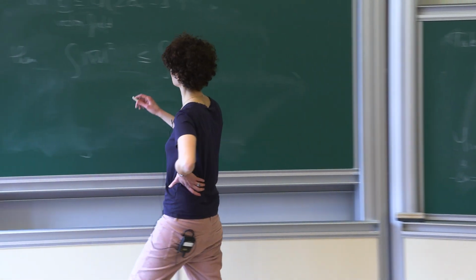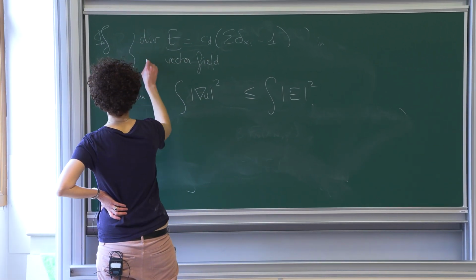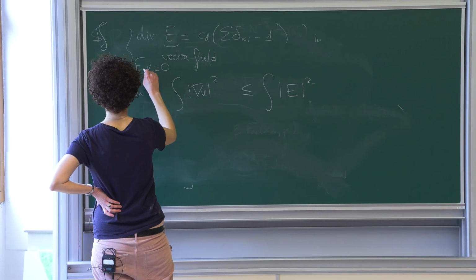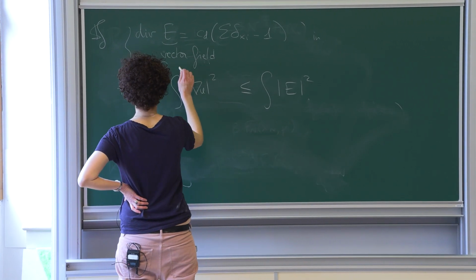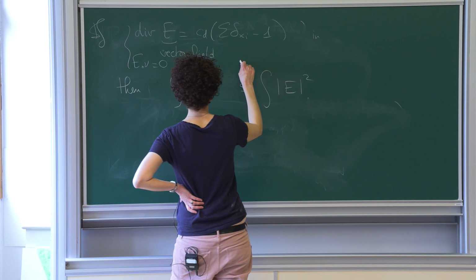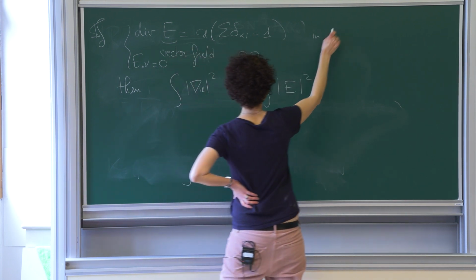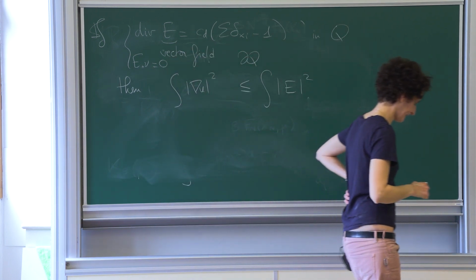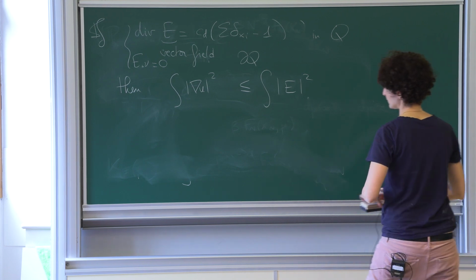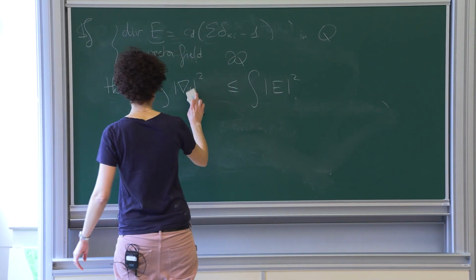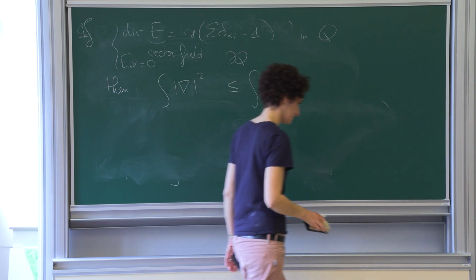I want to assume that this one has E dot nu equals 0 on the boundary. That's what I'm missing. So I want to assume E dot nu equals 0. And then I want to say, this is here, I want to put H, essentially.